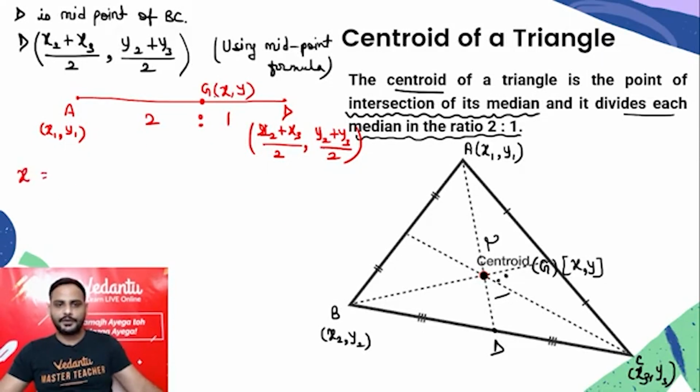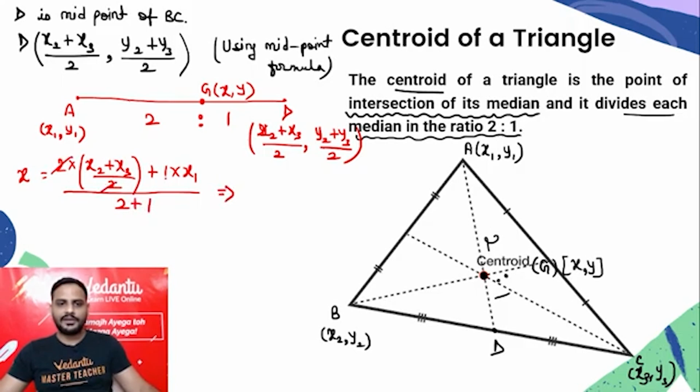So the x coordinate of this point G will be 2 into x2 plus x3 whole divided by 2, plus 1 into x1, whole divided by 2 plus 1. So the 2 and 2 get cancelled. What will we get? Look, 1 into x1 is x1 only, plus x2 plus x3. So you'll get x1 plus x2 plus x3 whole divided by 2 plus 1, which is 3.